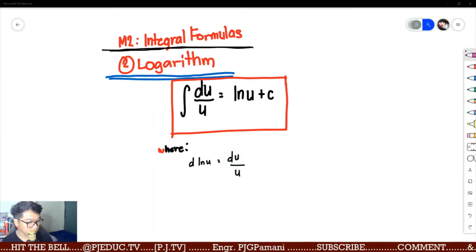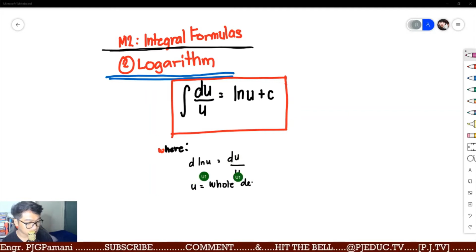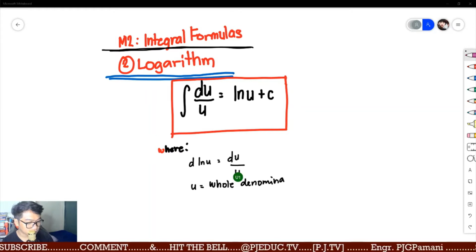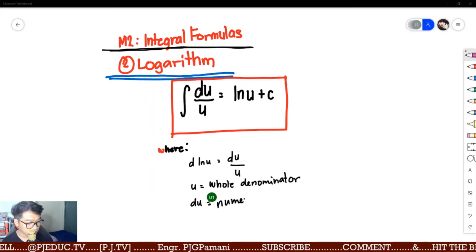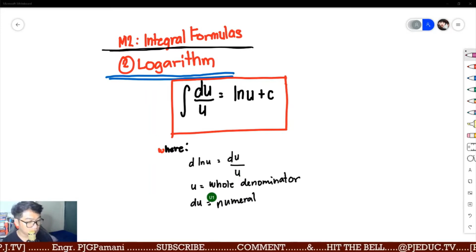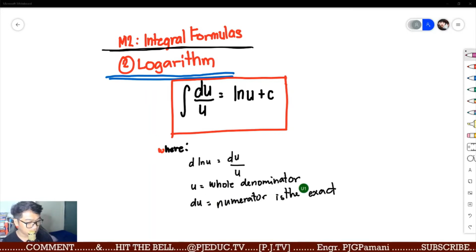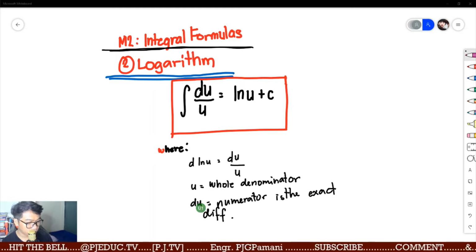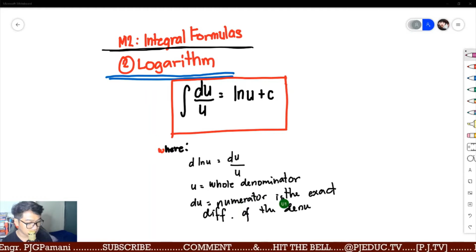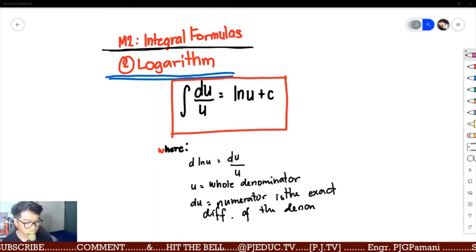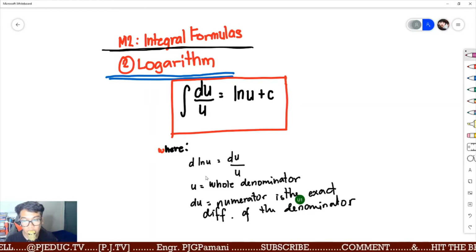Now in these terms, remember that u is our whole denominator, and du is of course our numerator, which is now the exact differential of the denominator. Again, du is now the exact differential of our denominator.